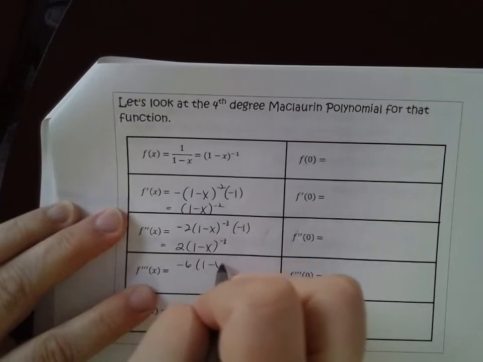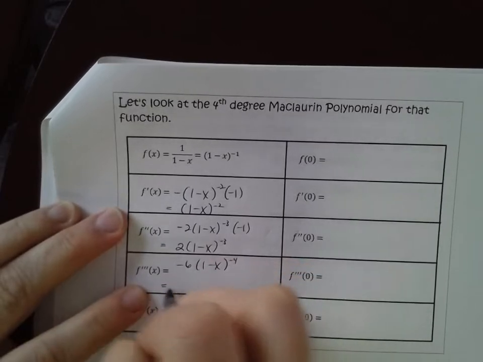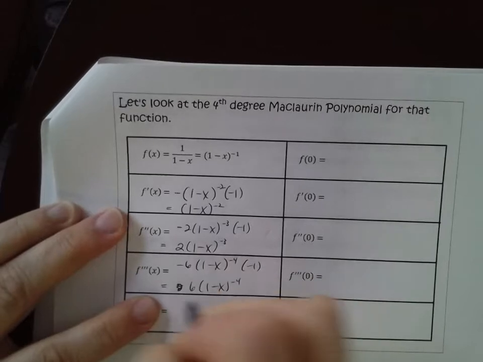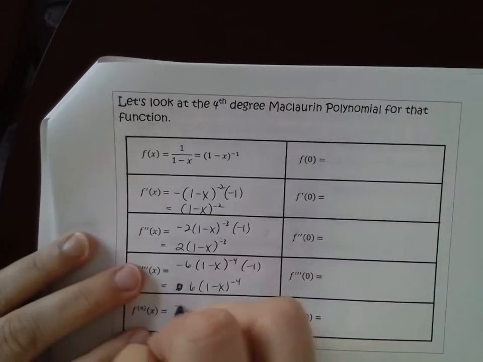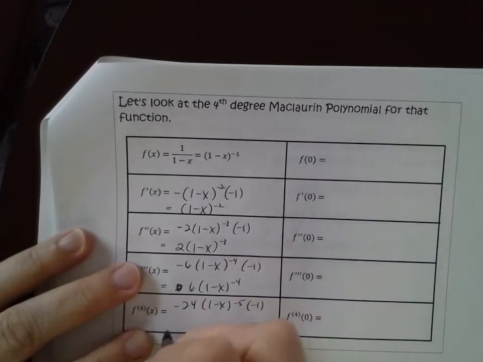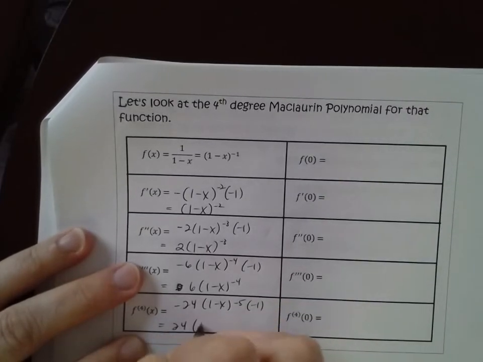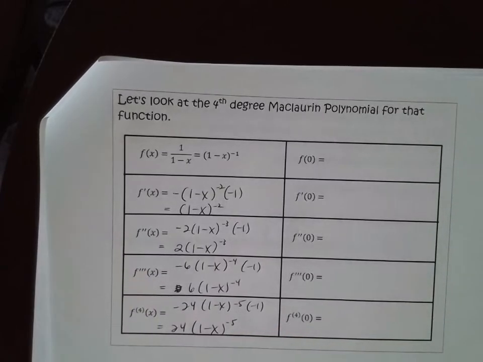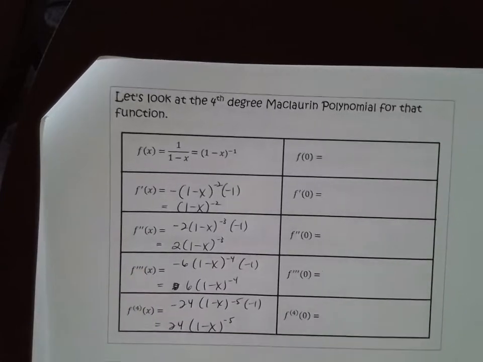Negative 6, 1 minus x to the negative 4, times the negative 1, which becomes 6 times 1 minus x to the negative 4. And then finally, negative 24, 1 minus x to the negative 5 times negative 1 becomes 24. So what we're in essence doing is creating positive numbers when all is said and done.